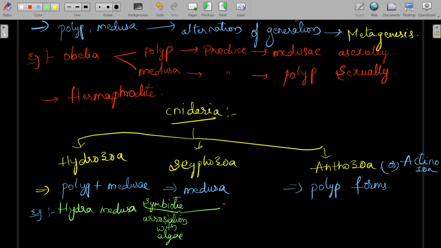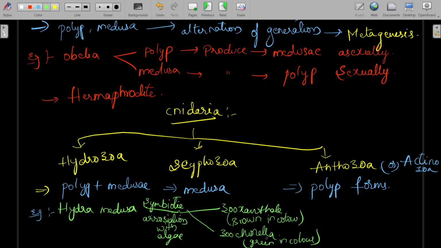With zooxanthellae, Hydra appears brown in color, and with zoochlorellae, it appears green in color. These colors are due to the association of Hydra with algae.